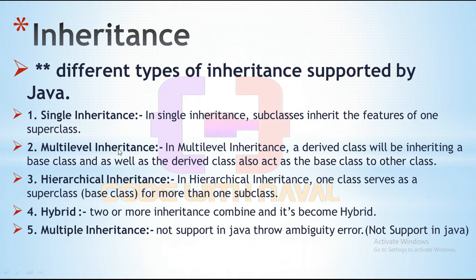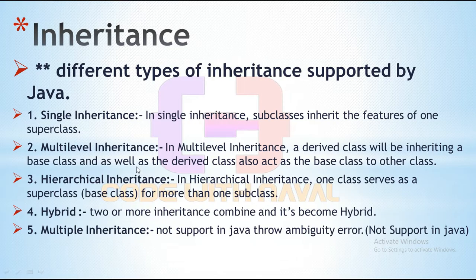Multi-level means multiple levels of inheritance. In multi-level inheritance, a derived class inherits a base class, and that base class also inherits another base class. The derived class also acts as a base class to another class. That means here we have a grandpa, then father, then child.